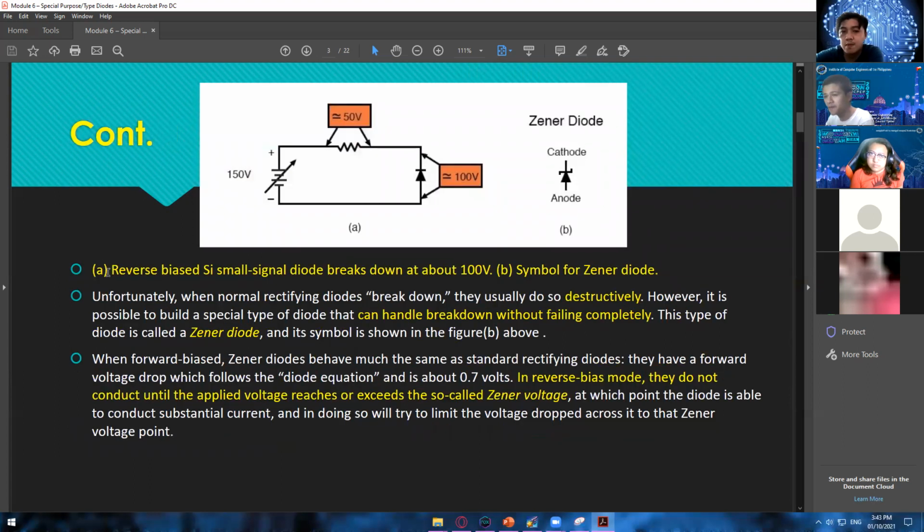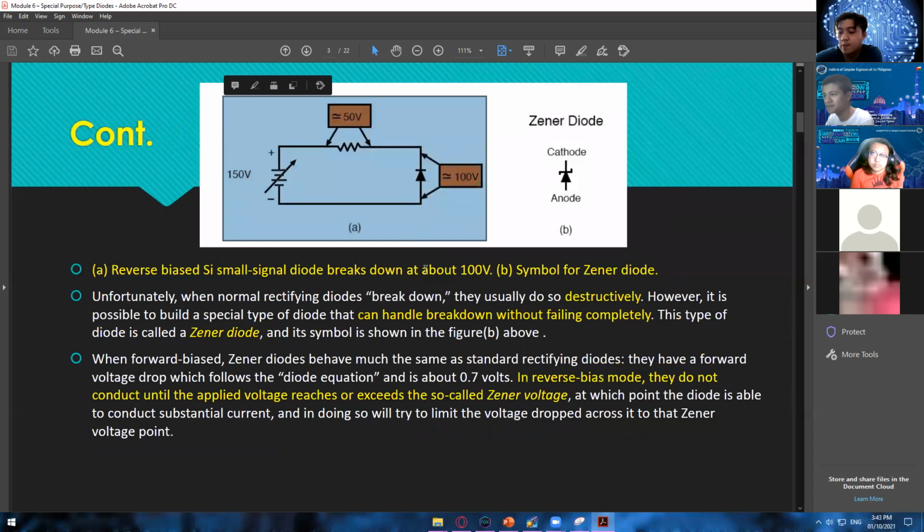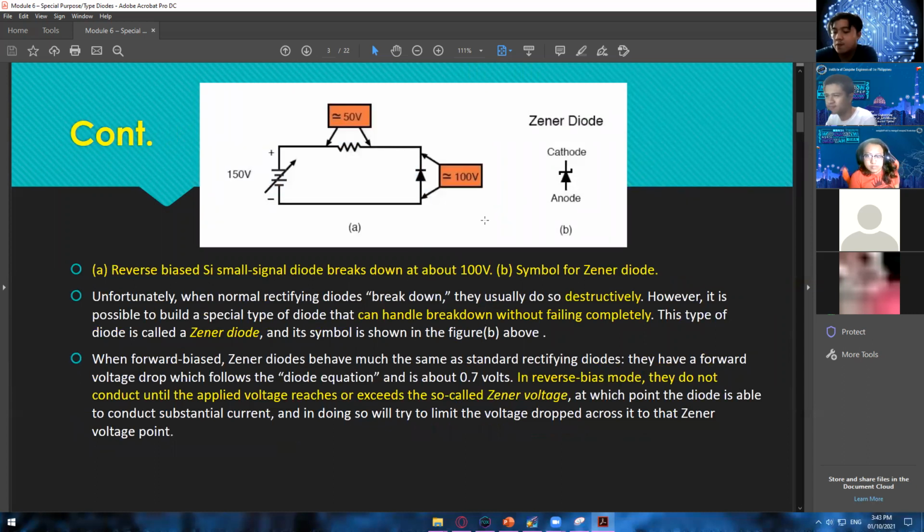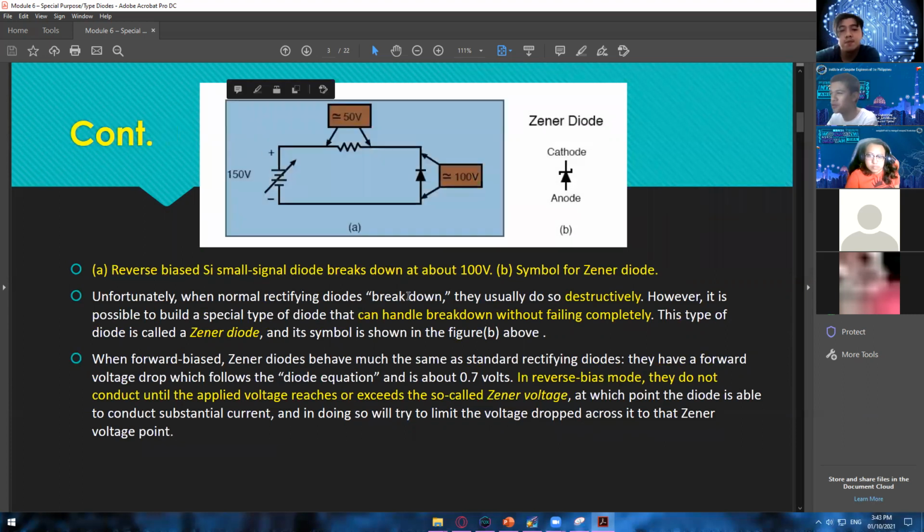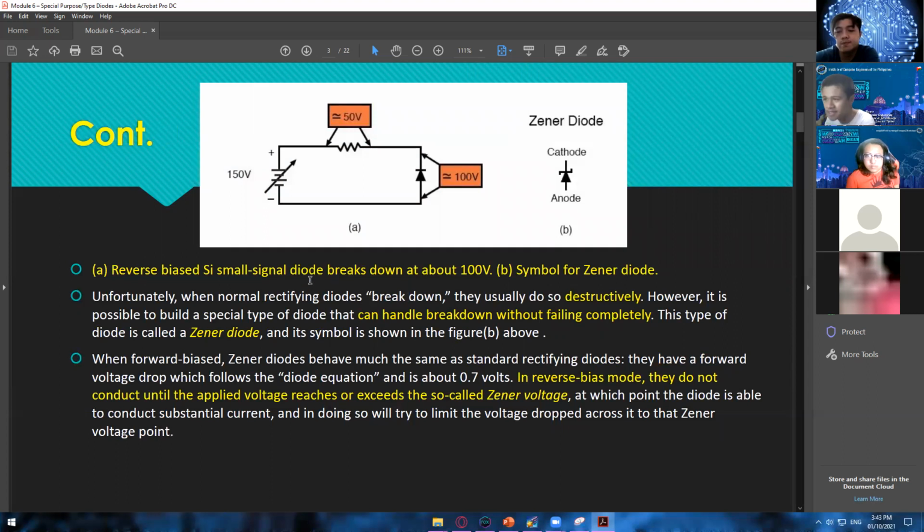Here we have a picture. It's not a demo, but just to show you how a Zener diode works. Letter E is a reverse bias silicon small signal diode that breaks down at about 100 volts. In order for it to work in reverse bias, you should reach this 100 volts. That is the rated voltage of this diode.